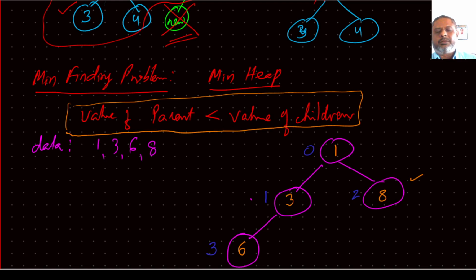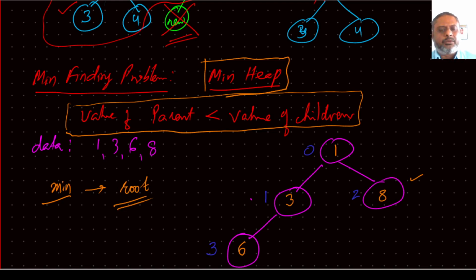So the only condition to satisfy is that the parent should have a value smaller than the values of the children. That's the property of a min heap. So in this, when you look for the minimum entry, it is always found at the root.